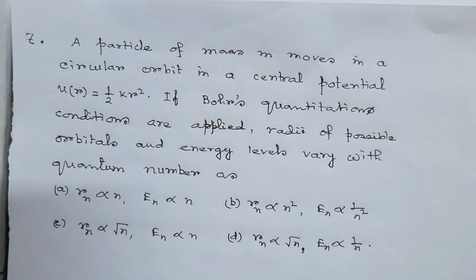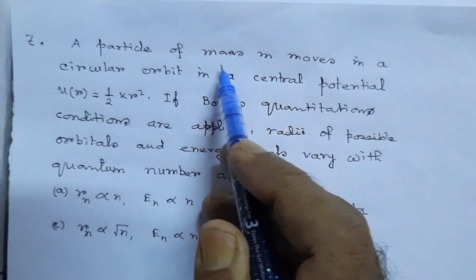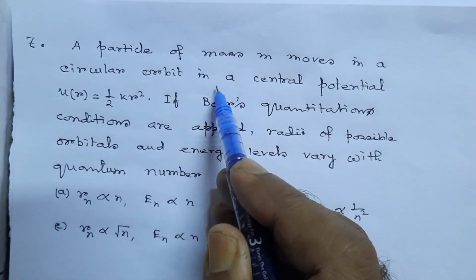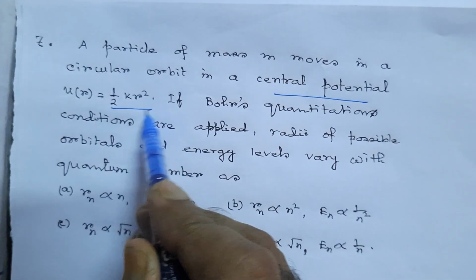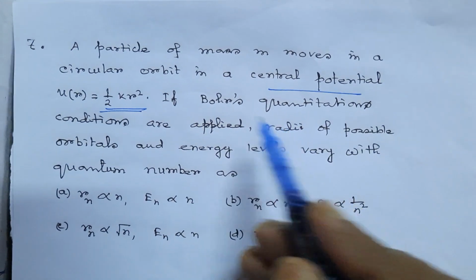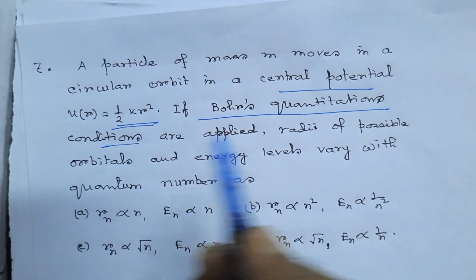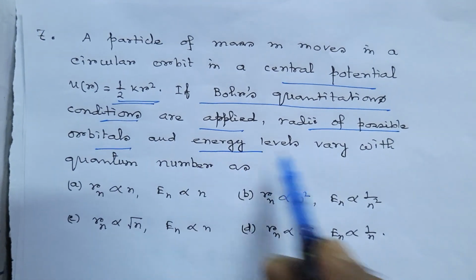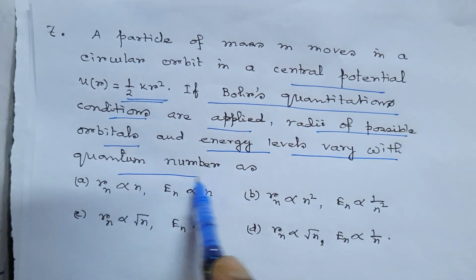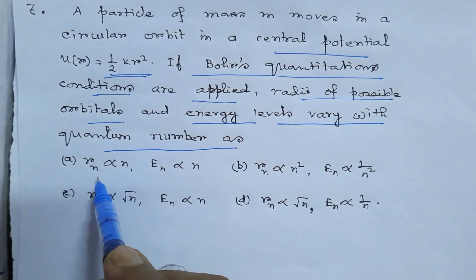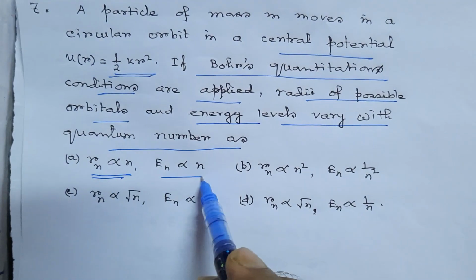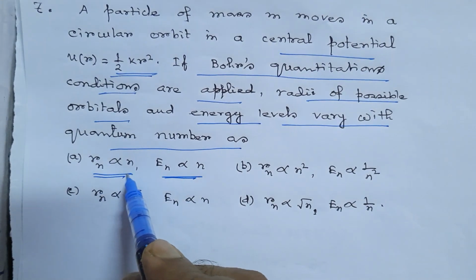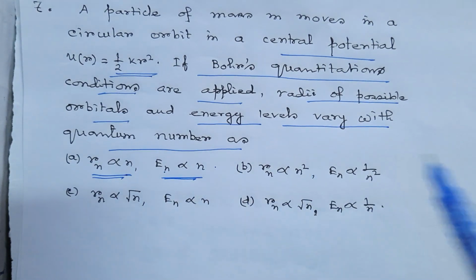In question number 7, we see a particle of mass m moving in a circular orbit in a central potential U(r) equals half k r square. If both quantization conditions are applied, the radii of possible orbits and energy levels vary with quantum number as, Rn and En, so we are to find the relation between Rn and n, and also En and n.